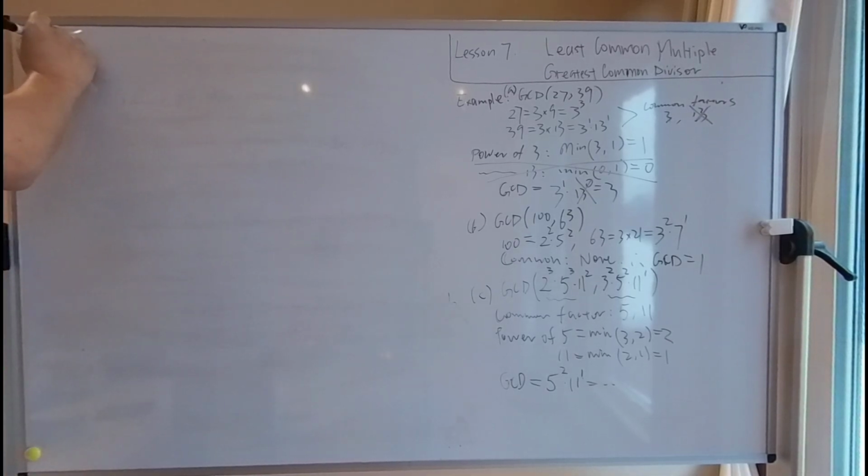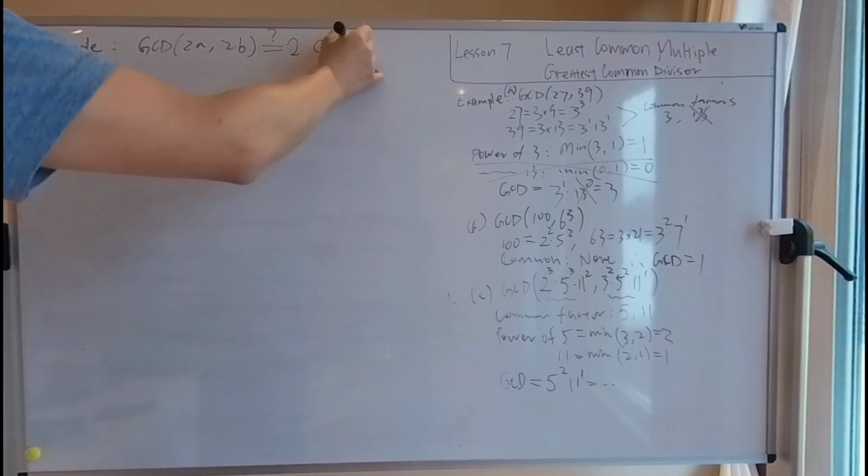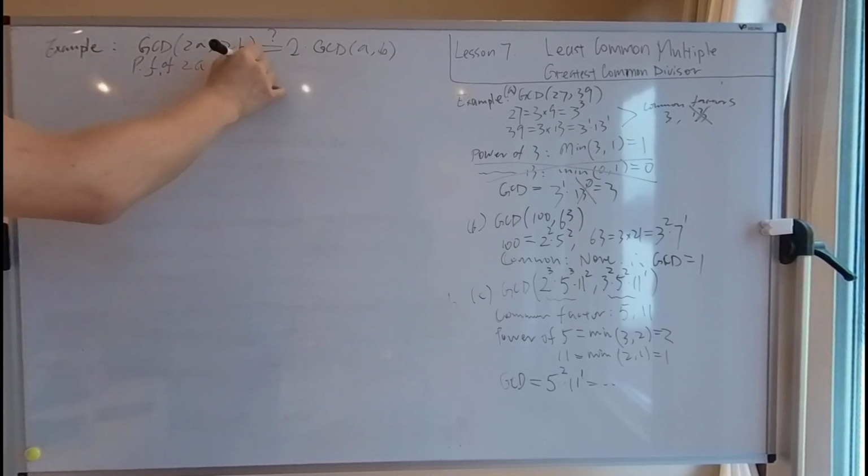For example, you can try to prove that the GCD of 2A and 2B is equivalent to 2 times the GCD of A and B. Again, you can write the prime factorization of 2A as 2 times the prime factorization of A, and then keep going in a similar way to how we proved this in LCM.